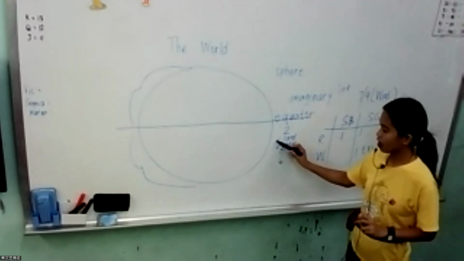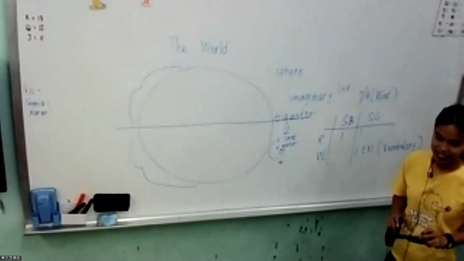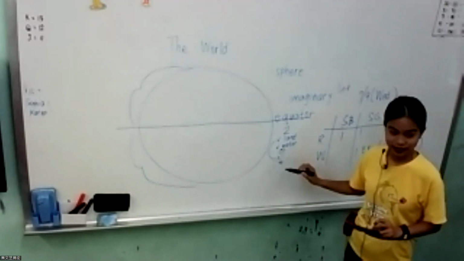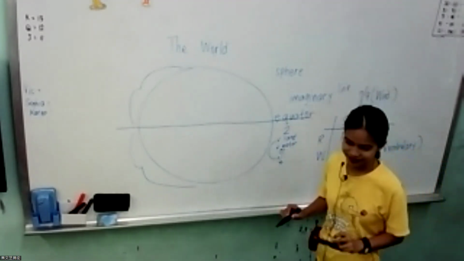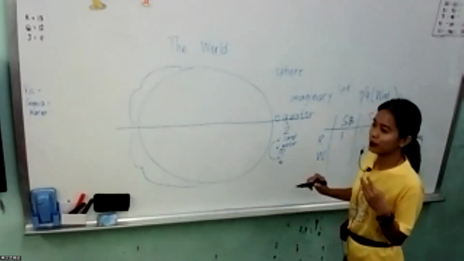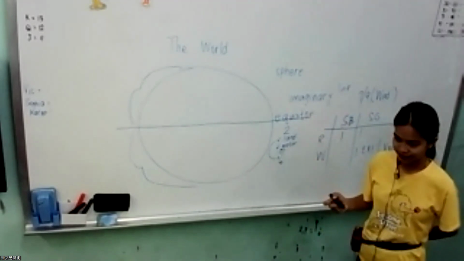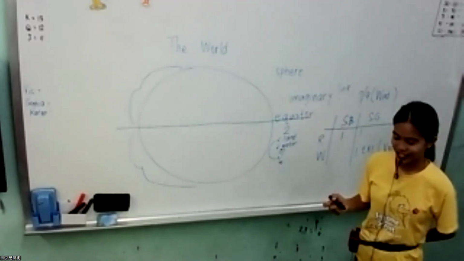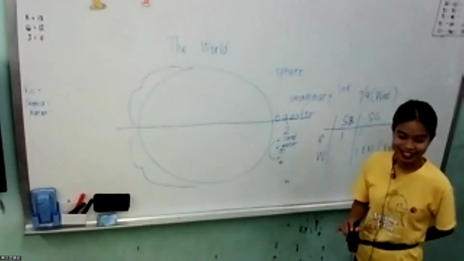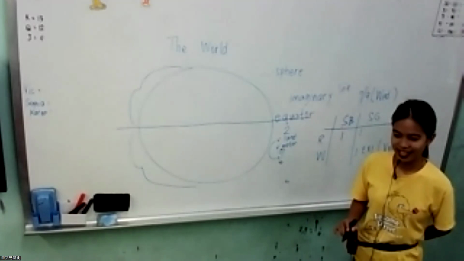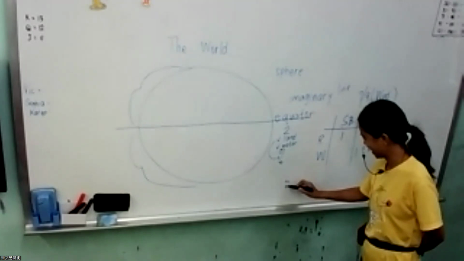How many percent of the world is land? Do you have an idea? 14? 40? How about Sophia? How many percent of the world is made up of land? So Karen said it's 40. Just guess. Sophia, you guess. 45.